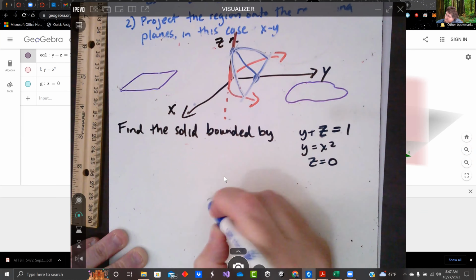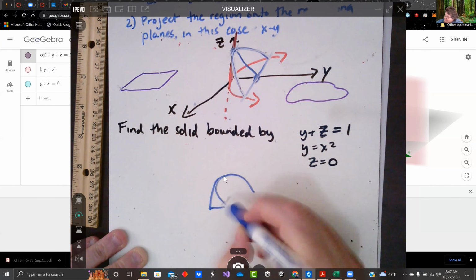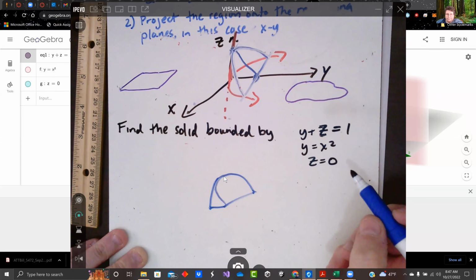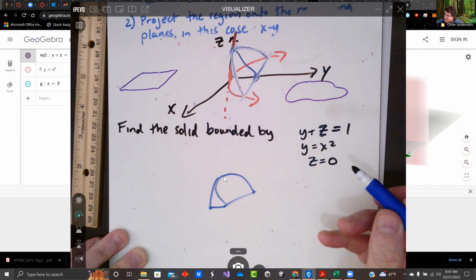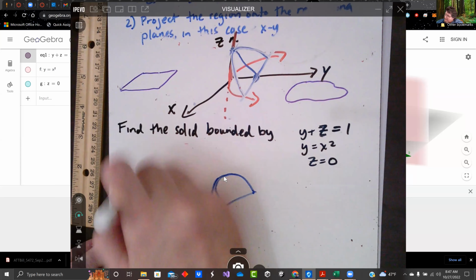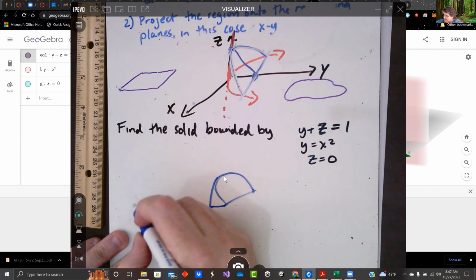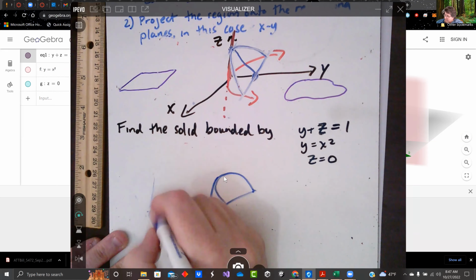So I've got something that looks like a doorstop, because this is a curve.